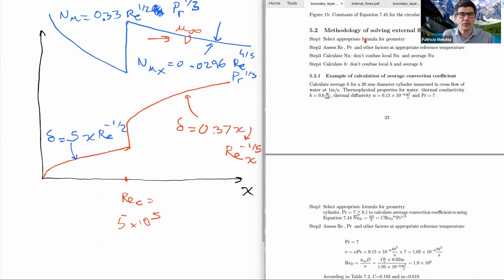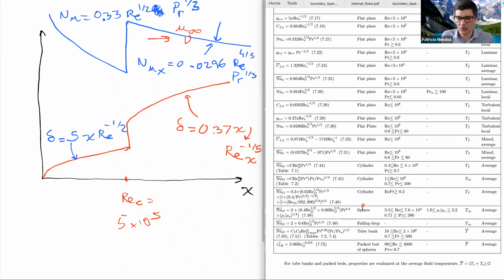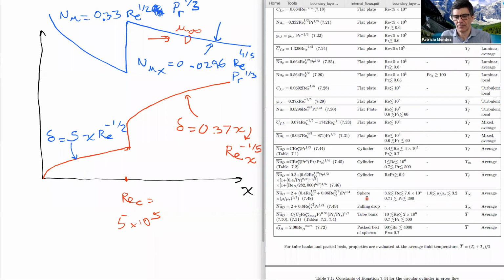This is obvious because if we have a cylinder, we're going to use this formula for the cylinder and not that for a flat plate. And in our formula sheet that I just uploaded, optional for you, you have this long list of everything about geometry of a flat plate or a cylinder or a sphere or falling drop or packed tube bank or packed bed of spheres.